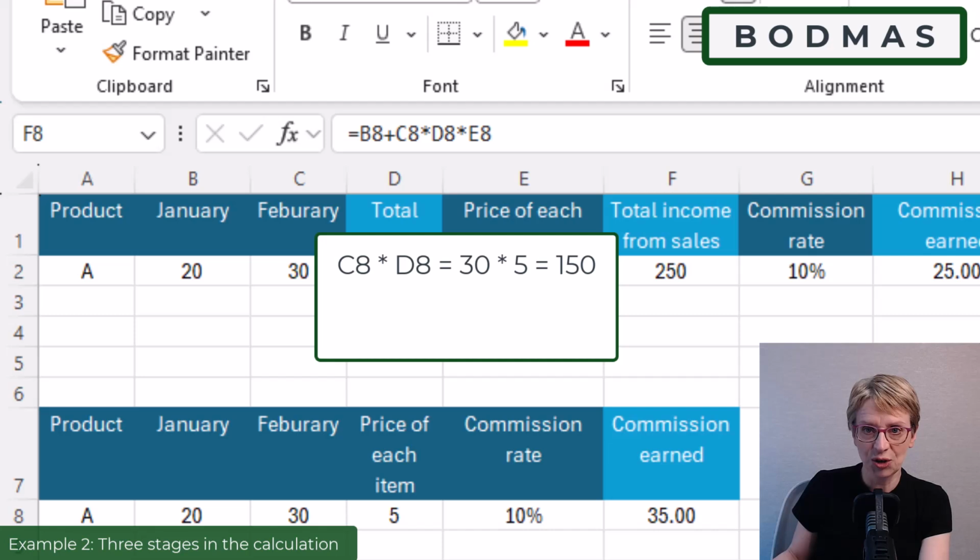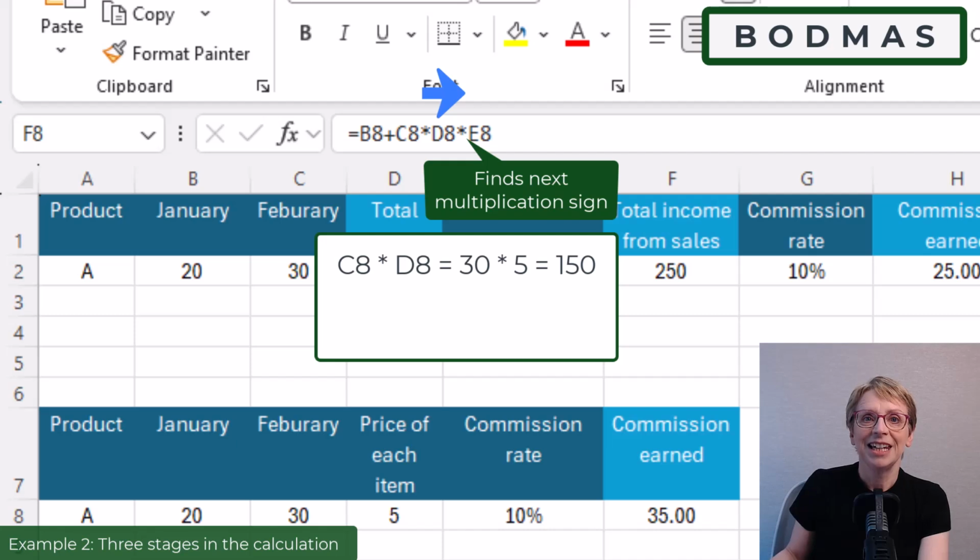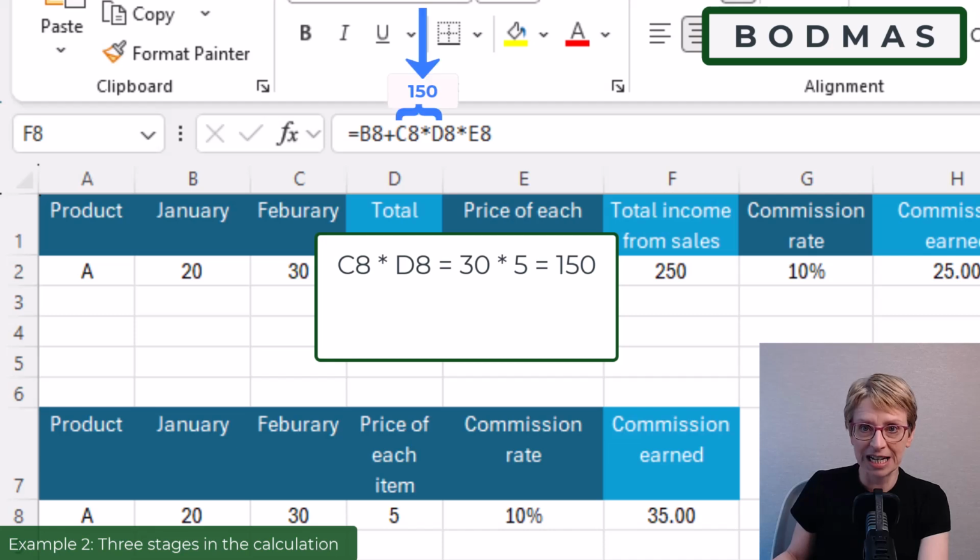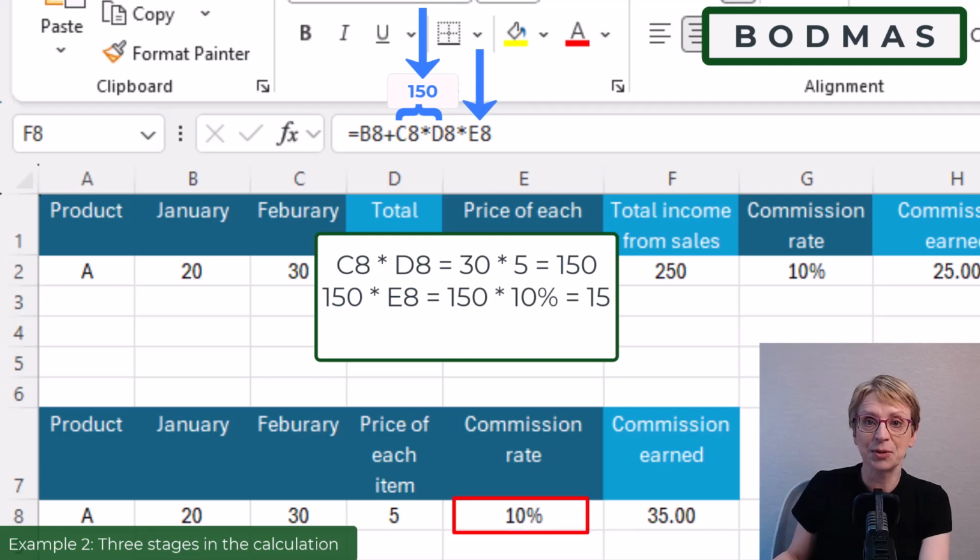Then it continues to look across the formula to see if there are more multiplications. It finds the next multiplication sign and again takes the figure before that, which is now 150, multiplies it by the figure after the sign being the 10%. So we now have 15.